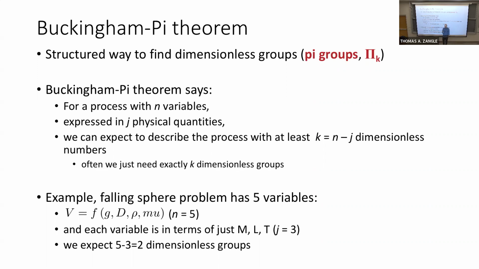Part of that comes from experience. You all get experience with dimensional analysis in this class, and you know that when we have a viscous flow problem, we're going to be considering density and viscosity independently. So that's one way, is experience. Another way is experiment.